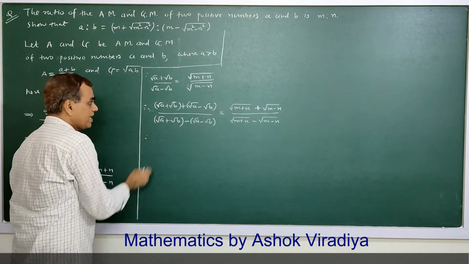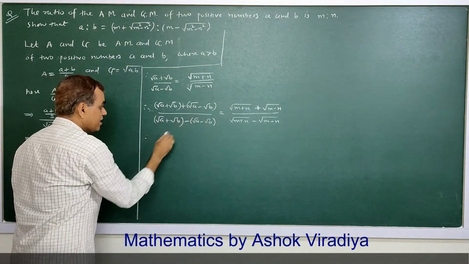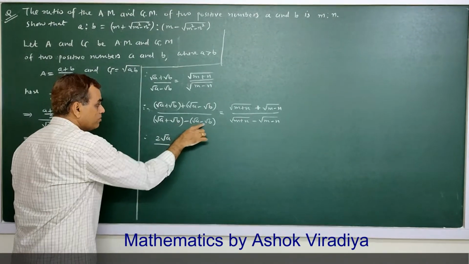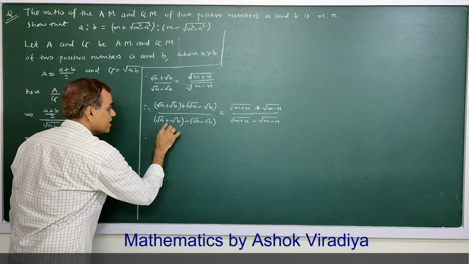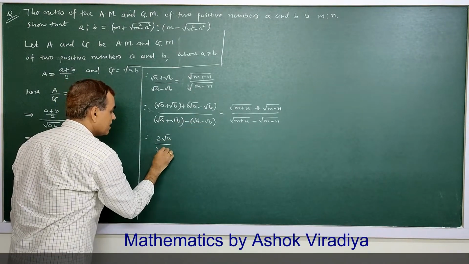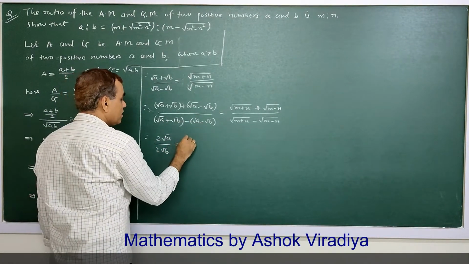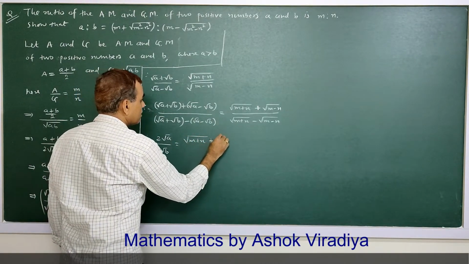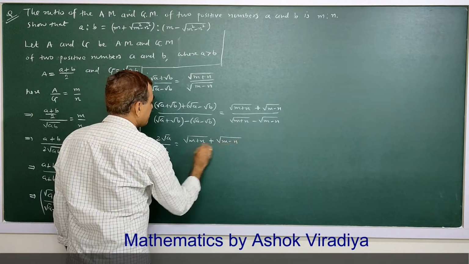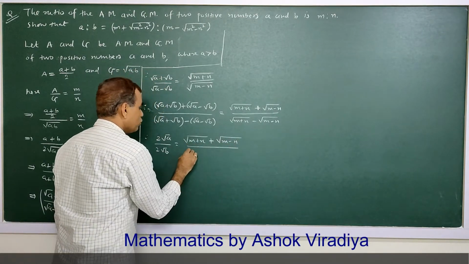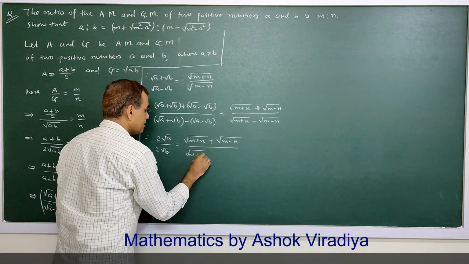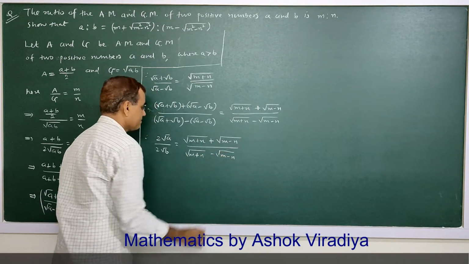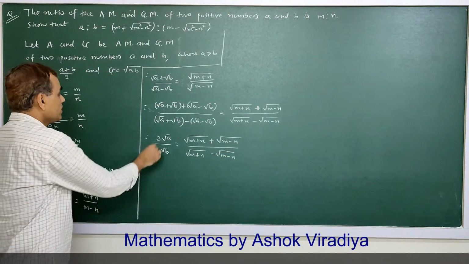So this is then, see root b is cancelled. So 2 root a upon 2 root b, root a will be cancelled. So it is root (m plus n) plus root (m minus n) upon root (m plus n) minus root (m minus n). This 2 is cancelled.